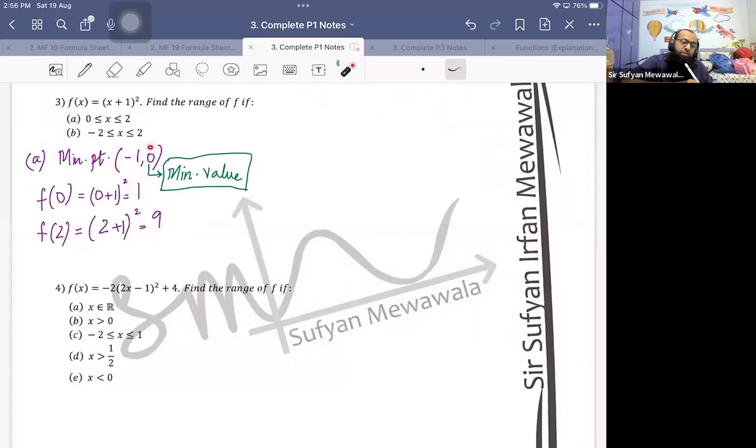Whereas when we have found the turning point, we can see that 1 is not the minimum value. 0 is the minimum value. If 0 is the minimum value, the range should have been from 0 till 9. Why from 1 till 9? But then one point that you need to consider as well. If the x coordinate of turning point is included in the domain, the y coordinate of turning point will be included in the range. तो यहां पर अगर हम चीज देखें, is the x coordinate -1 included in this domain?